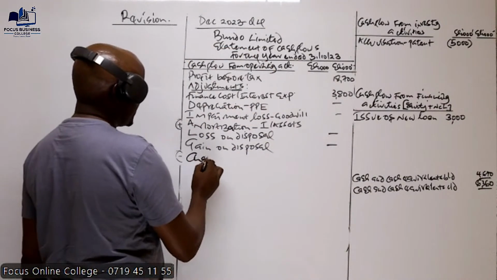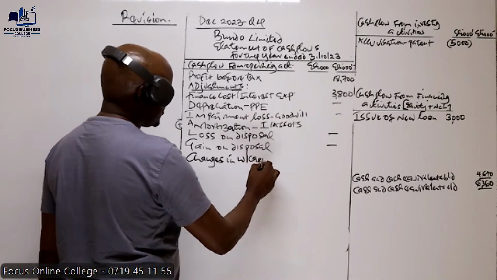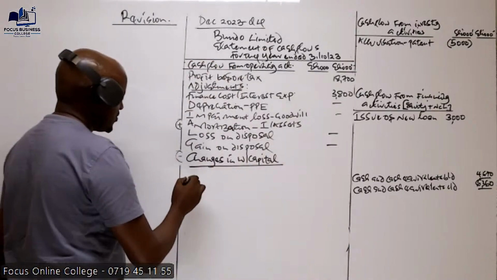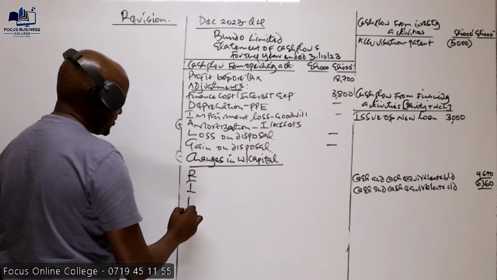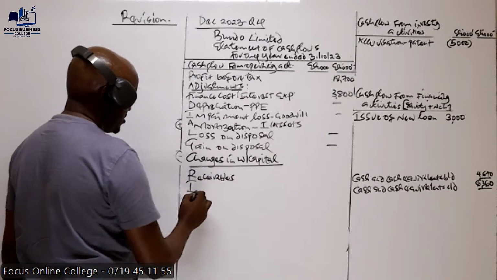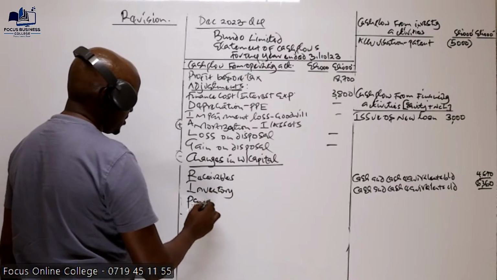Let's proceed and consider the changes in working capital. Here we consider equally our 3 items: receivables, inventory, and payables.